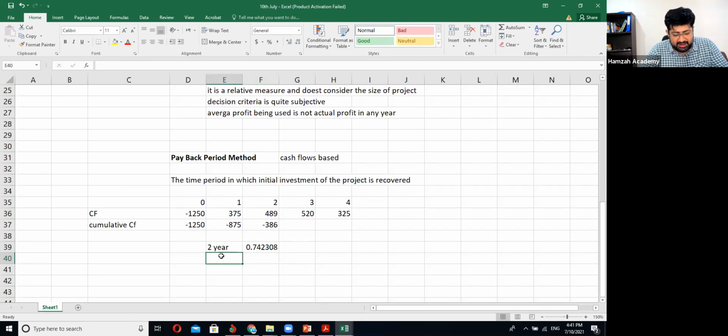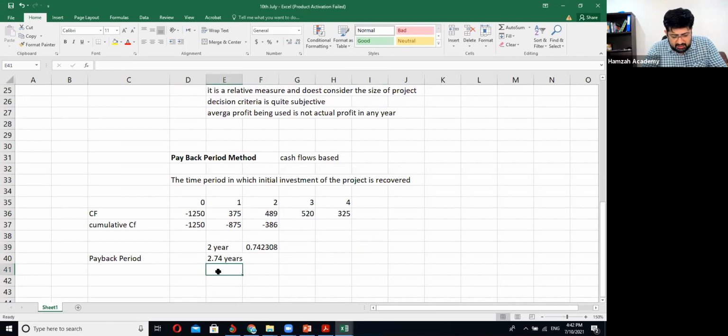So 2.74 years is the payback period of the project. We have to ignore the negative sign over here when we are dividing, because it has to be recovered in the part of year 3.